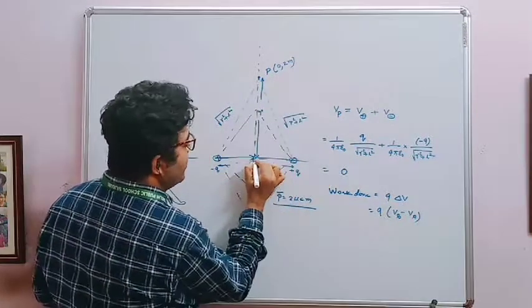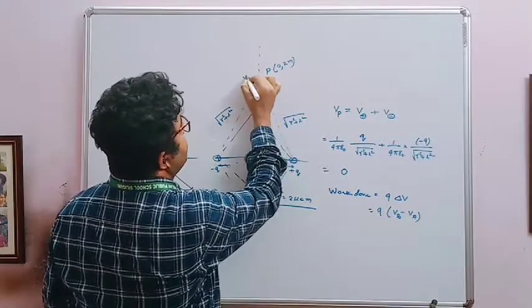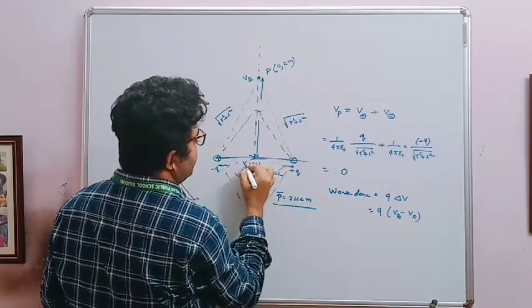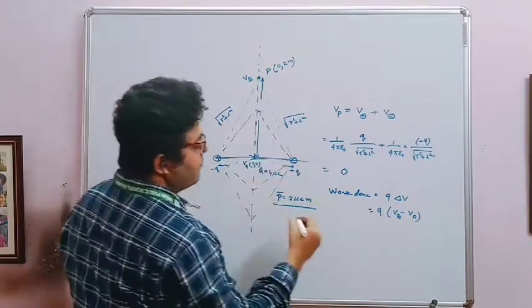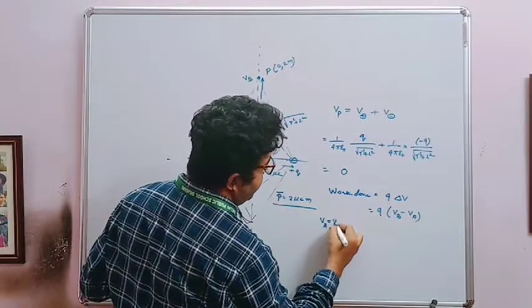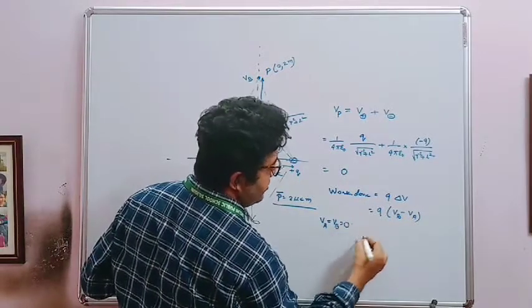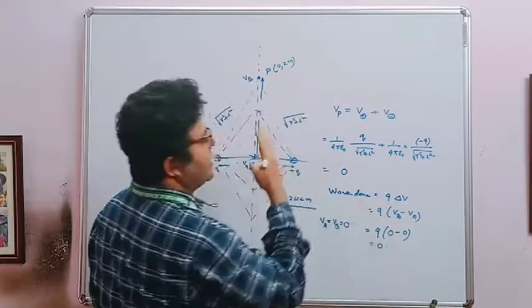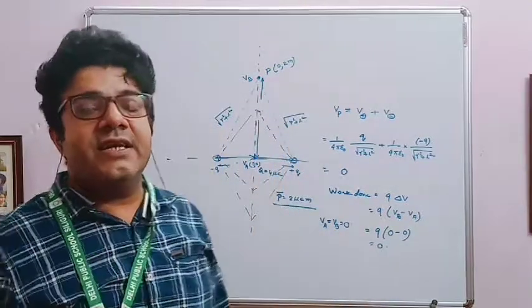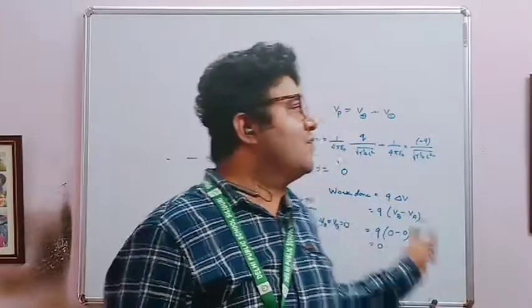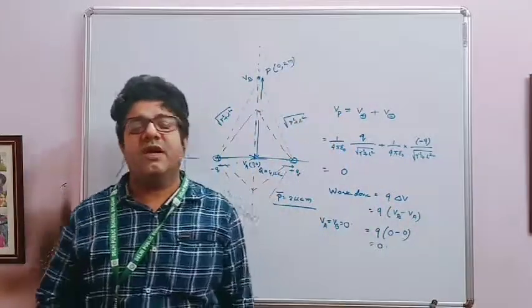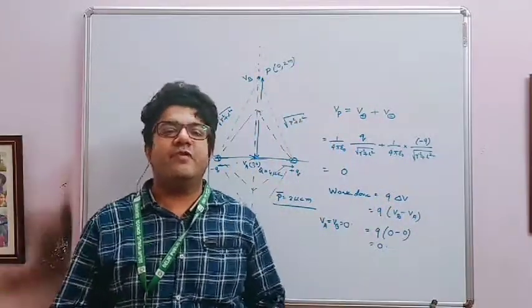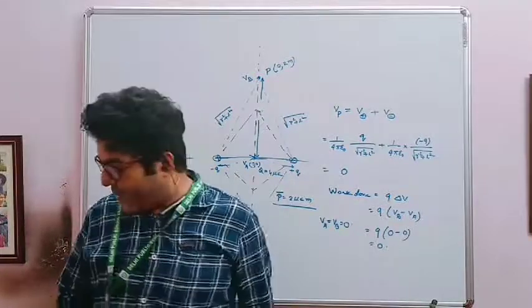This is the initial position and this is the final position, and both are 0. So charge times 0 minus 0 is 0, so work done is 0. Easily the CBSE board asks this type of question for 1 mark, with 4 options, and it will be an entrance question too. Hope you understand.